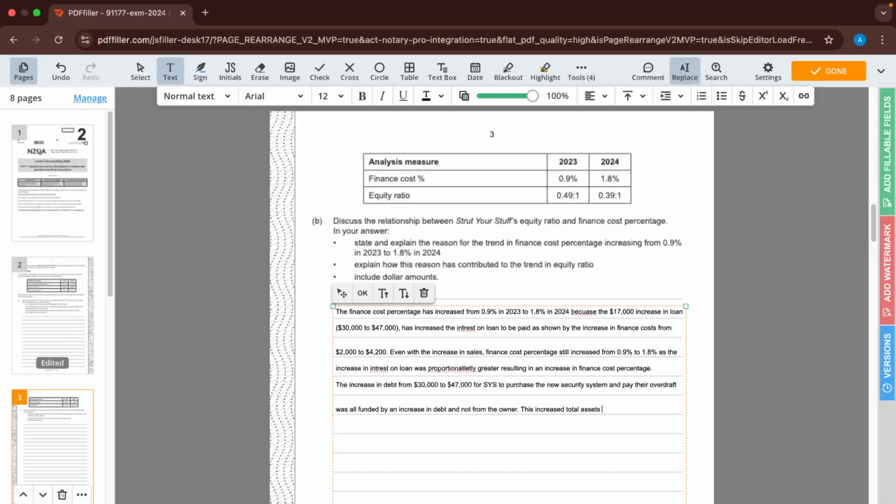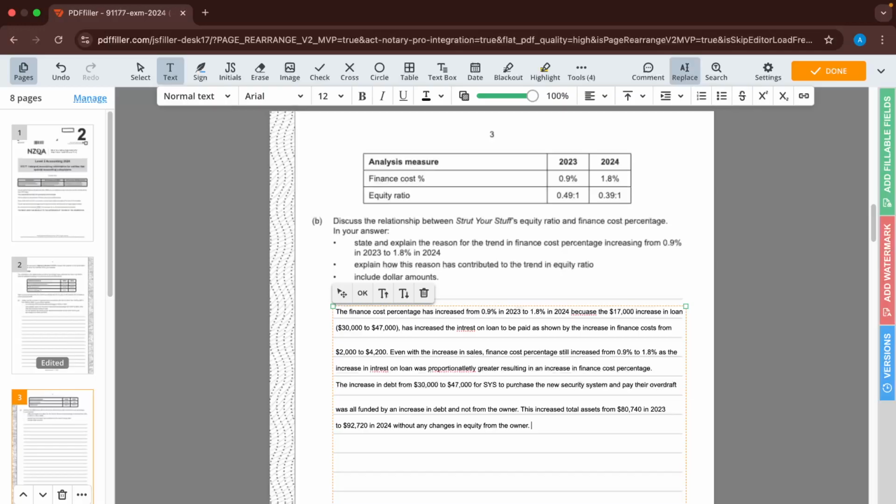So we'll just say this increased total assets, and referencing back to the booklet, total assets from I think it's 87,740 in 2023 to 92,720 in 2024, without any changes in equity from the owner.